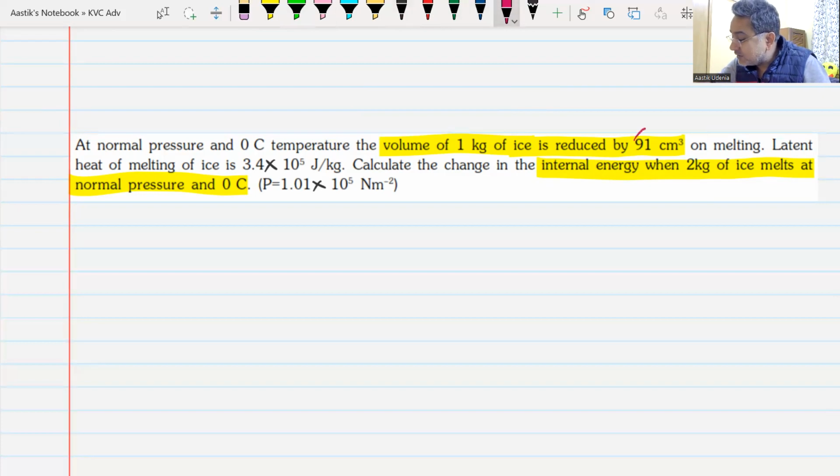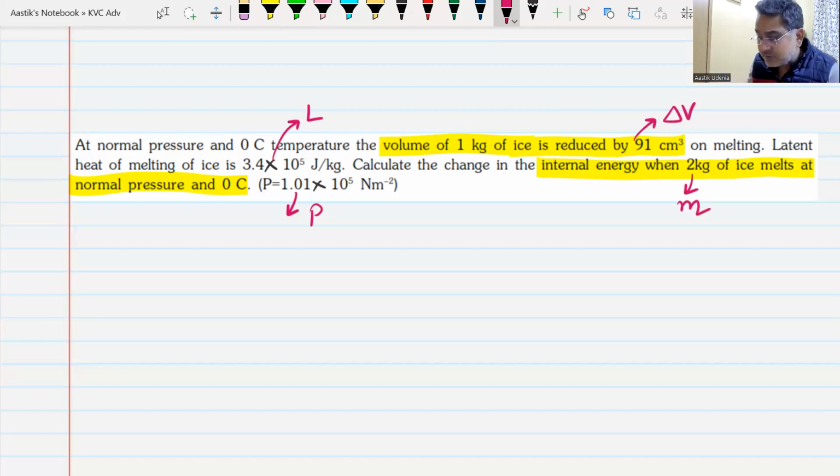You can call this change in volume as delta V, the mass of the ice as M, this as L, and this as P. Do we understand what I'm saying here? So you can give the answer in the shortest form. I'll give you 2 minutes to give me the answer.